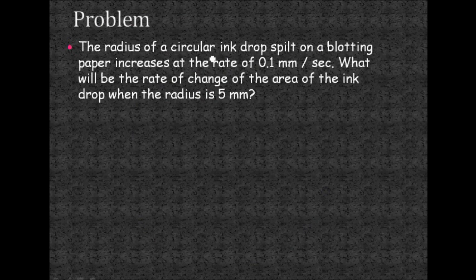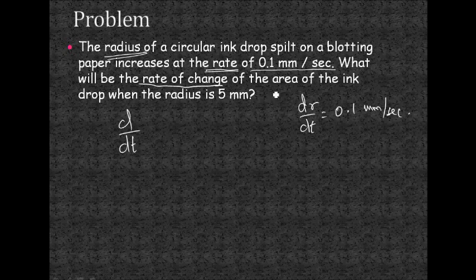Question: the radius of a circular ink drop spilt on a blotting paper increases at the rate of 0.1 mm per second. This is the rate at which the ink drop spreads, the rate of the radius, which means dr/dt is 0.1, and if you want, you can use the units. What will be the rate of change? So some d something by dt is being asked, of what?